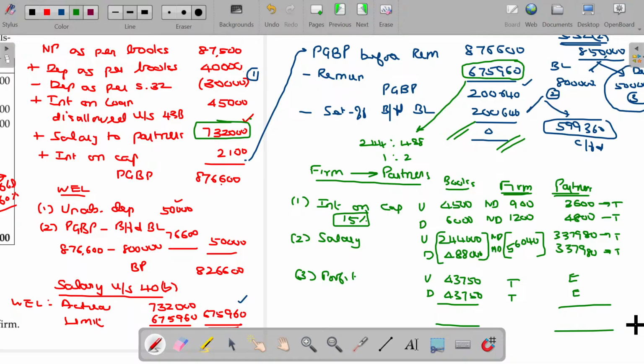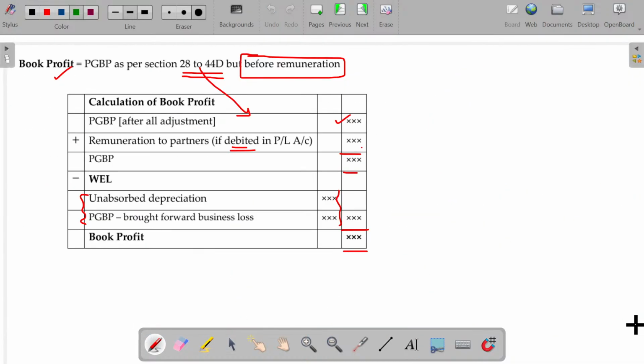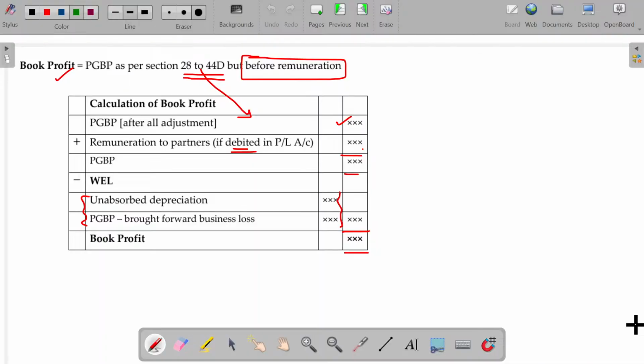Clear? So if it is not taxable and deductible from the firm's angle, then it will be taxable in the hands of the partners on receipt. Now, here from the PGBP, you can subtract whichever is lower of unabsorbed depreciation or PGBP minus brought forward business loss alone.